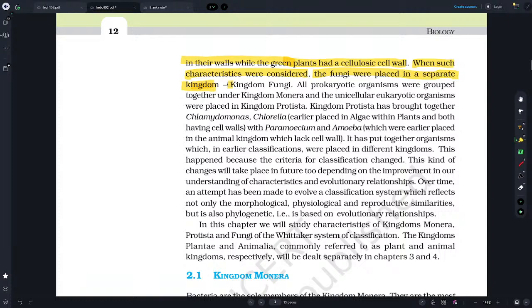As we saw, the mycelium, the network-like structure of hyphae, can be coenocytic multinucleate or septate, which will have uninucleate cells. So one is the structure or morphology of mycelium, and another is the mode of spore formation.